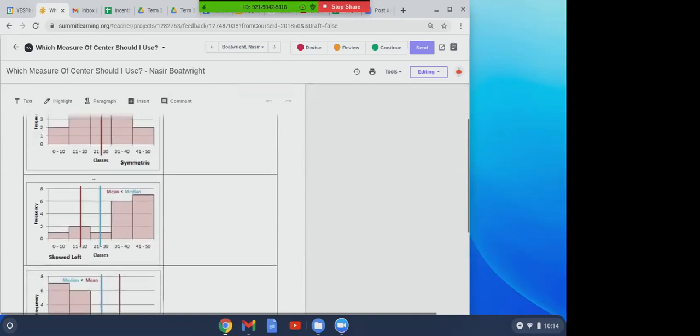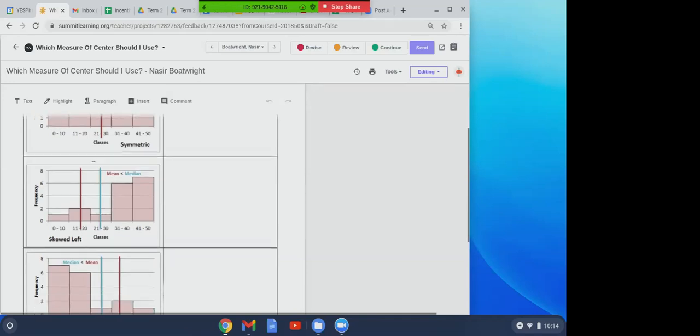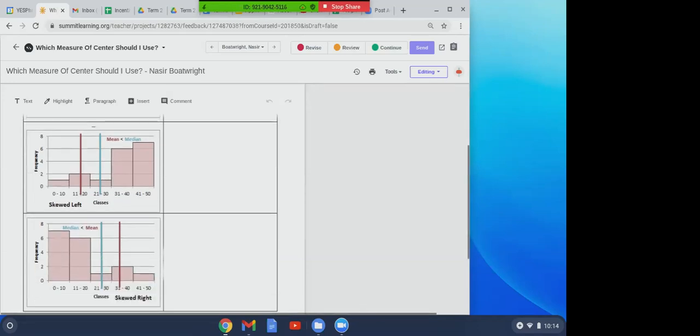And the second one, it is skewed left. The mean is in that burgundy color. The median is in blue. Same for the last graph. It is skewed right. And again, the median is in blue. The mean is in the burgundy color.